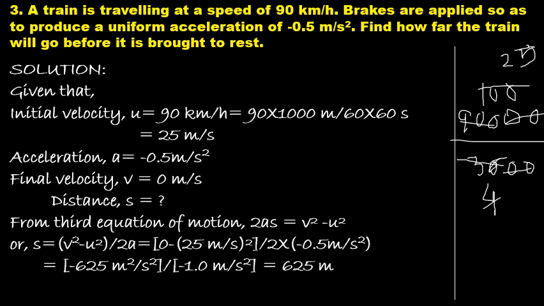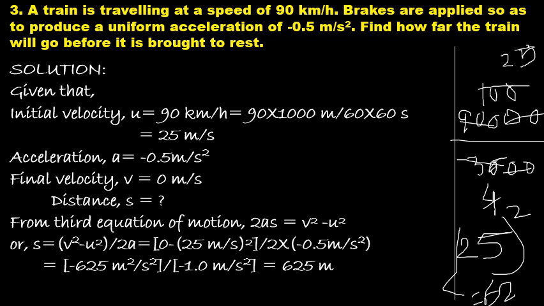Now when we solve, what we get? 25 square. Square of 25 is 625 and 0 minus 625 means minus 625. So there will be a negative sign. 25 का square होता है 625.